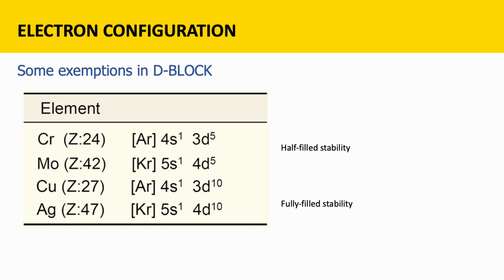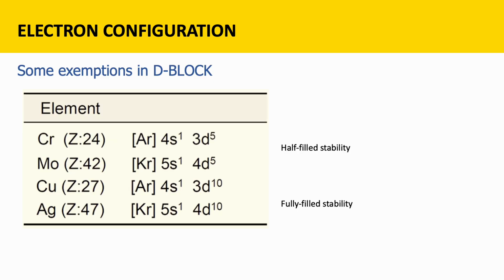Okay, some electron configurations are actually not fixed, no? So you have your exceptions, especially in d block, okay? Because of the half-filled stability and fully filled stability experienced by those electrons in those orbitals, okay?